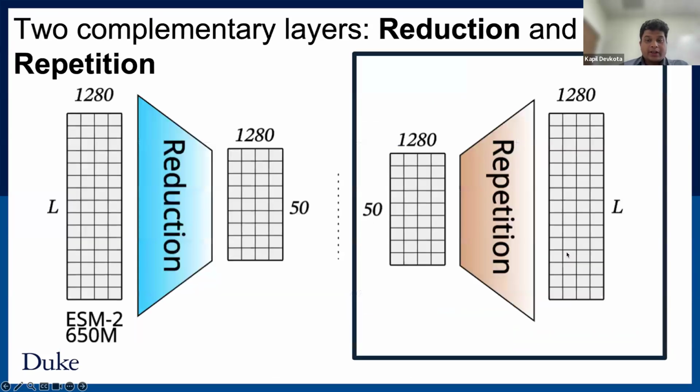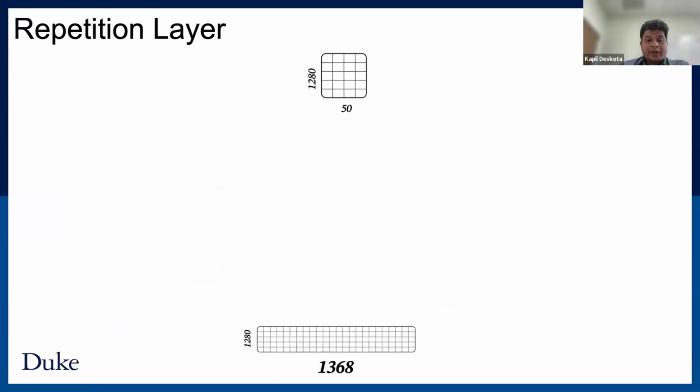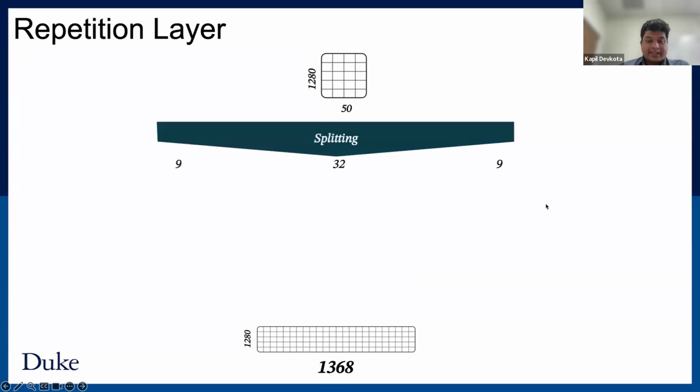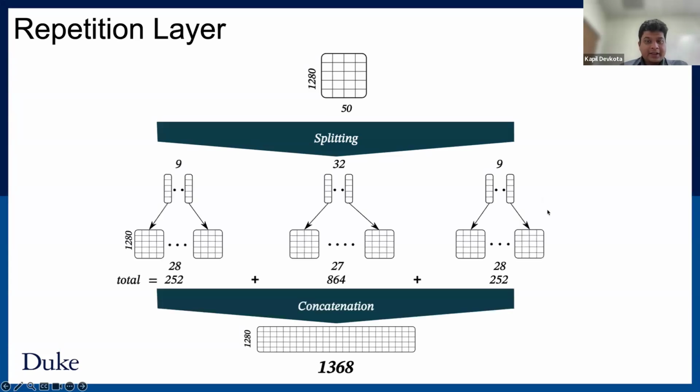Now the repetition layer works exactly complementary to the reduction layer. You have a fixed length representation and a target length at hand. Based on the target size, like in the reduction layer, you divide it into three blocks: start, middle, and end. And then we repeat each vector by the window size.